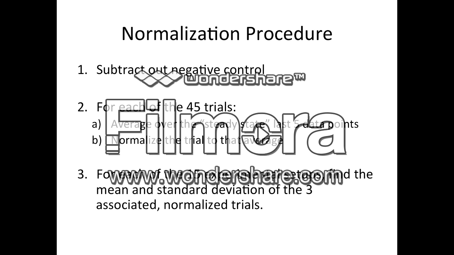We consider that to be the last 5 data points for each trial. We then normalize that given trial to its steady state average. Once we've done that, we then consider our 15 different experimental setups. And for each of those 15, we find the mean and the standard deviation of the 3 associated normalized trials.